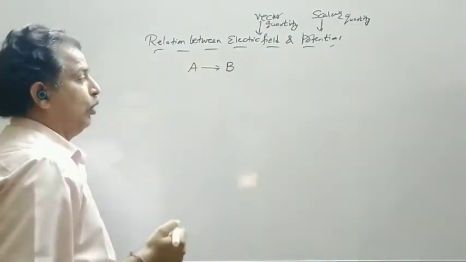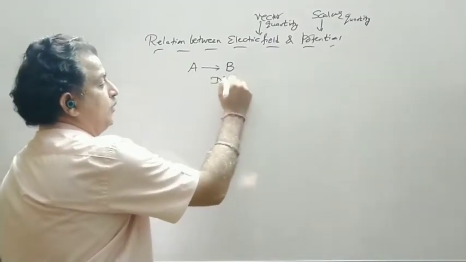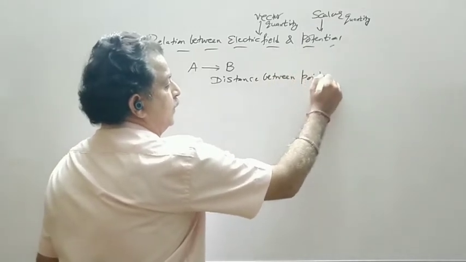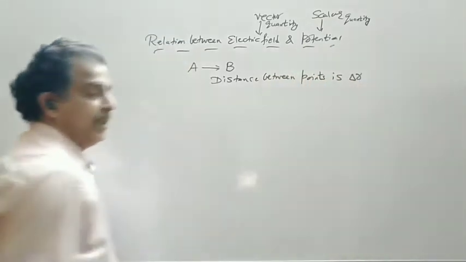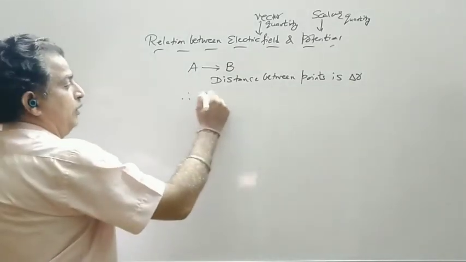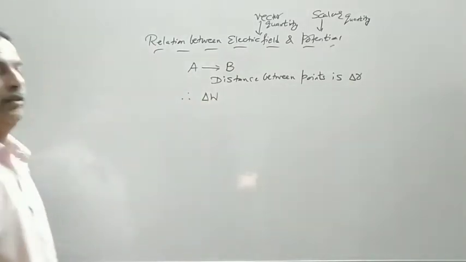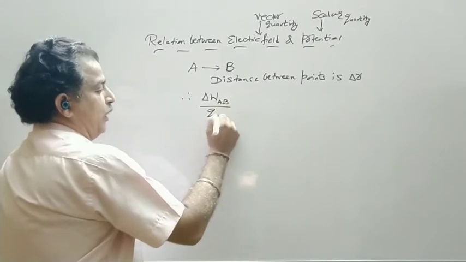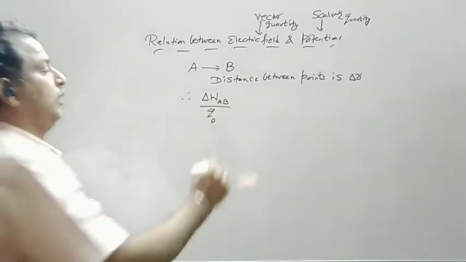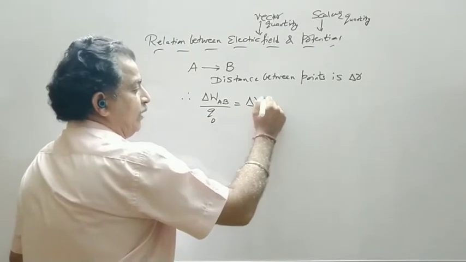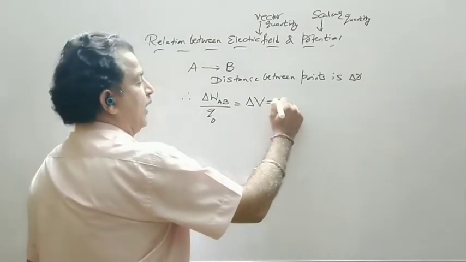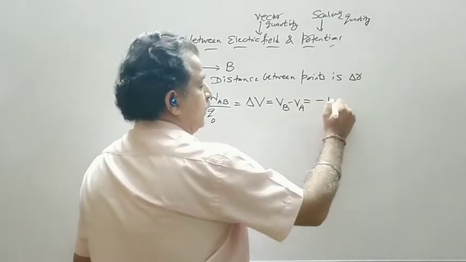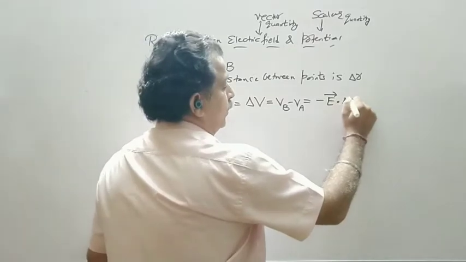We also assume the distance between the points is delta R. Therefore, the small amount of work done for a small displacement delta W from A to B per unit charge, which is a unit positive charge, will be equal to delta V. We can write this as VB minus VA equal to minus E dot delta R vector.